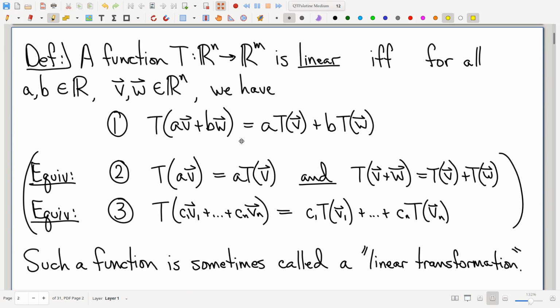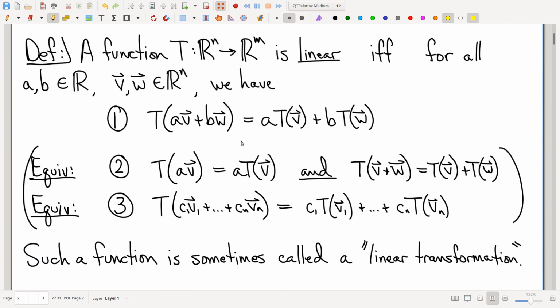Okay, linearity. Now again, I know y'all have seen this in the past, but it is something I've noticed over many years: even though students come into this class or other classes having had linear algebra, and I know they've seen the definition of linearity, a surprising number of students have kind of forgotten it.